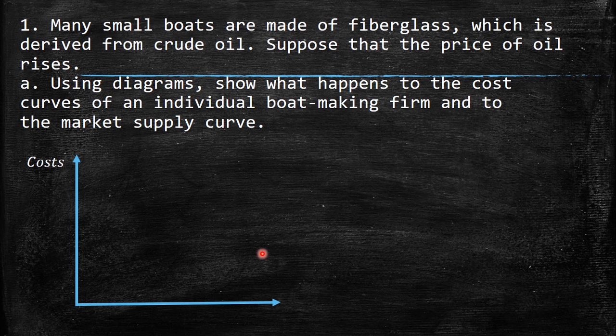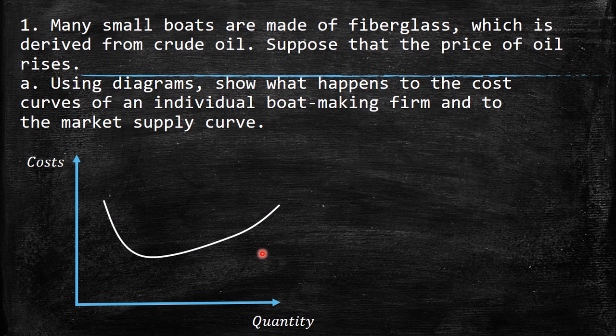So remember that production requires inputs, and basically if the price of those inputs is higher, definitely you cannot produce as before. So this change makes you produce less. So when you produce less, your supply curve shifts to the left. Okay, so that's the basic idea.